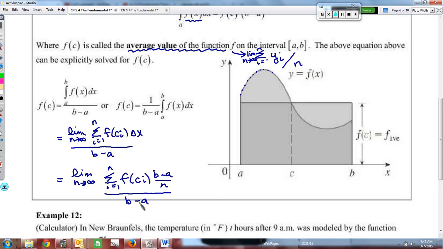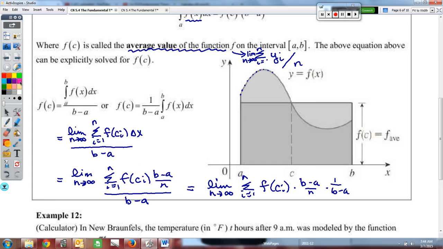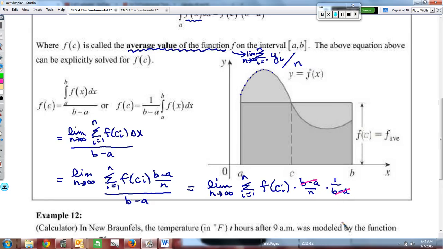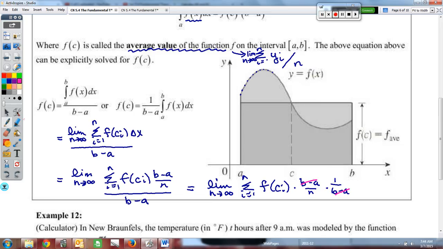So I'm going to go ahead and put it in, and I'm actually going to put this divide by b minus a all the way inside the summation because the variable in your summation is i. So it's going to become the limit as n goes to infinity of the sum, i equals 1 to n, of my y values at each of the endpoints in our intervals times b minus a over n times 1 over b minus a. And hopefully you can see that simply by canceling this b minus a, what do we have left? We have basically the sum of the y values.